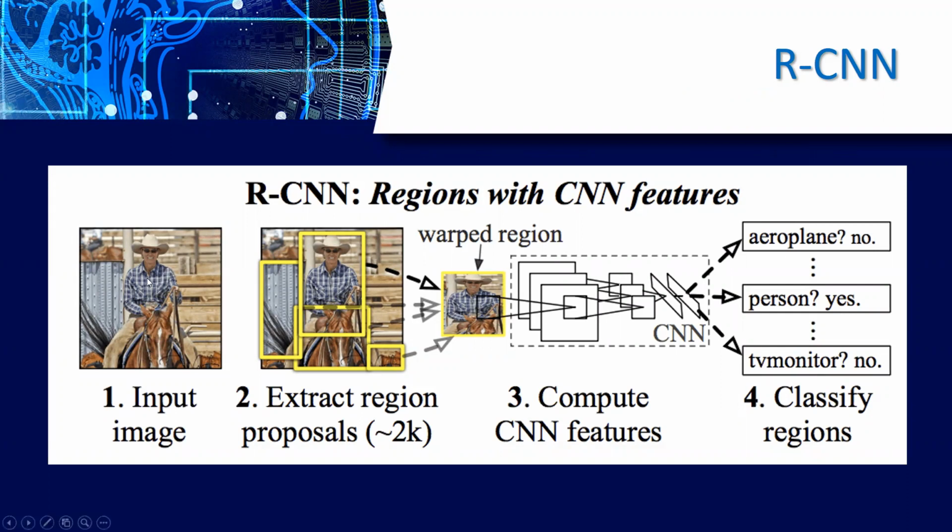Instead of concentrating on the entire image, we take one part of the image and provide one name to it. Depending on that name or label, we extract that particular area and process it instead of considering the entire image. We process depending on that label, whether it is a person, an aeroplane, or a TV monitor, depending on the regions.